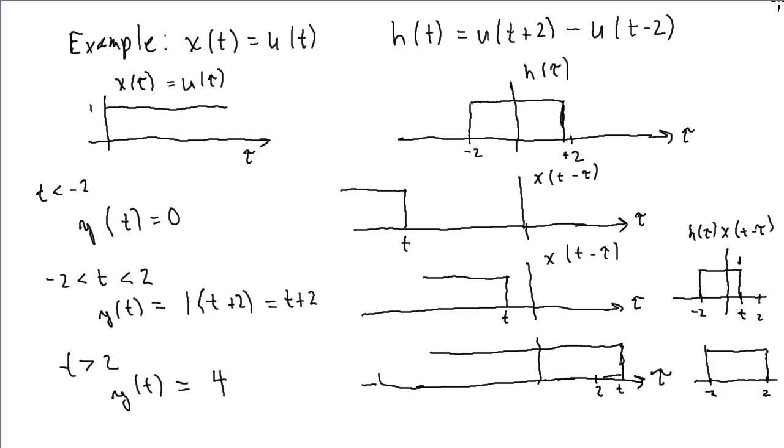So let me go to the next slide here. I could write this in a couple different ways. I'll just write it like this. y of t is equal to, I'll write it out in the 3 different segments. It's equal to 0 for t less than minus 2.